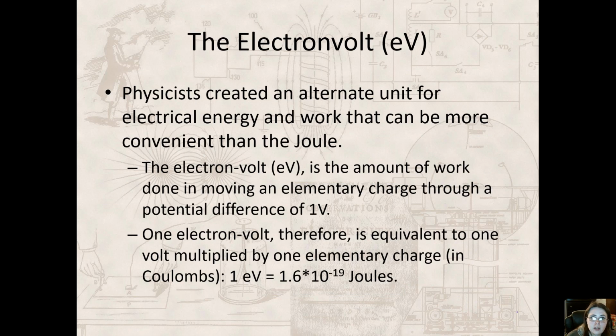An electron volt is the amount of work done in moving an elementary charge through a potential difference of 1 volt. And 1 electron volt is equal to 1.6 times 10 to the negative 19th joules. This is in your reference table.